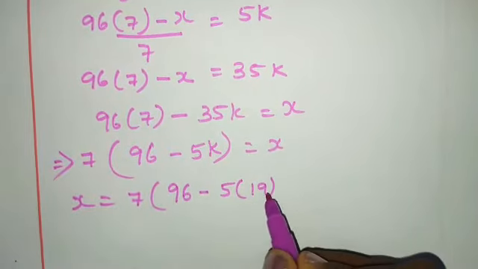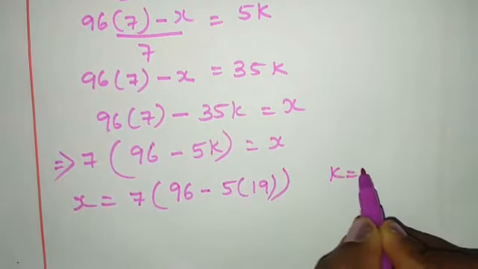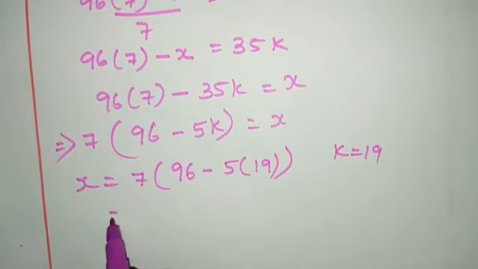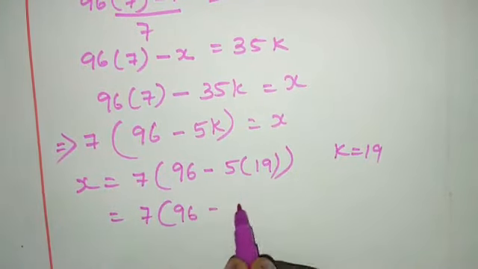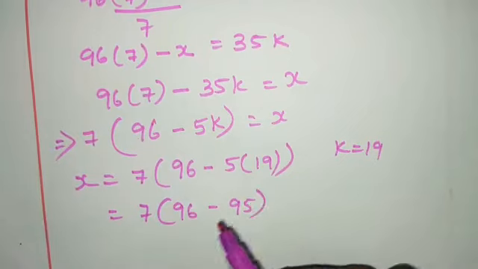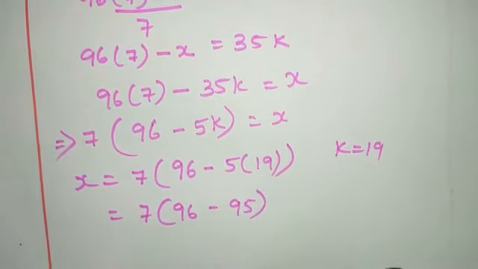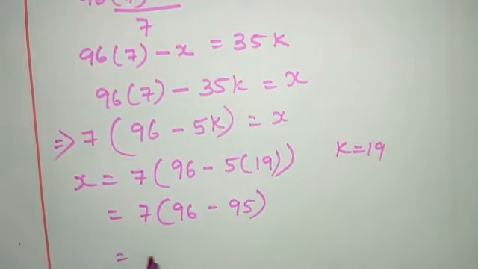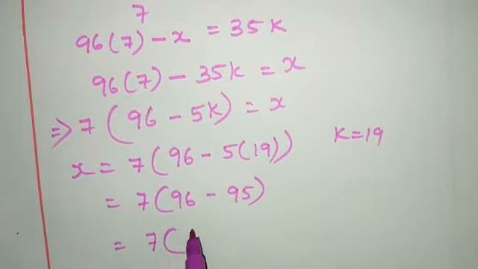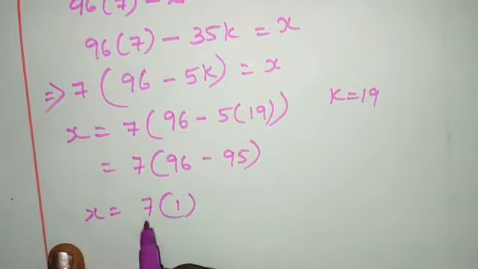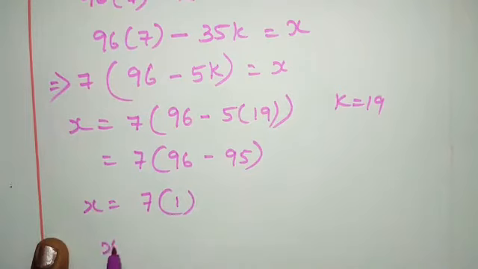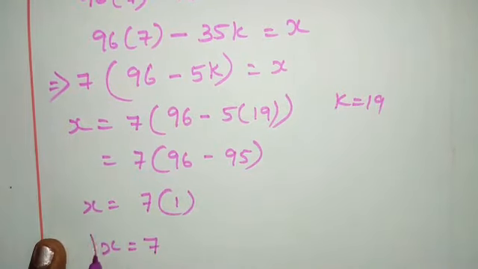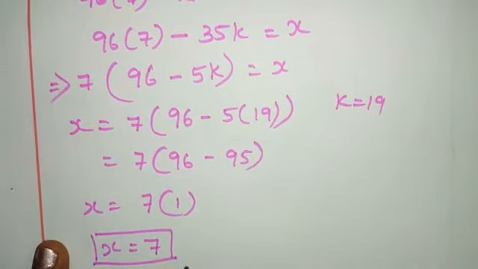Okay, so if I take k value as 19, you'll get 95. So 19 into 5 is 95, right? So 96 minus 95, you can do it easily. So 7 into 96 minus 95 is 1. So 7 ones is 7. So x is equals to 7. So your x value is 7.